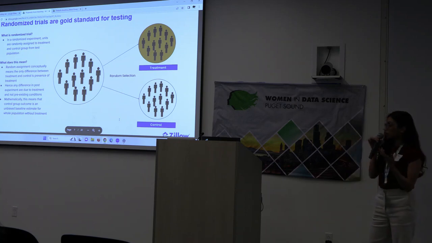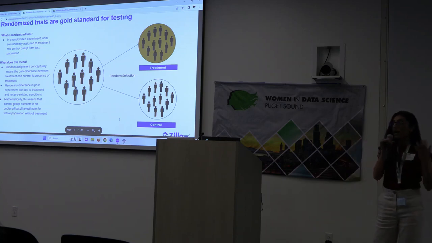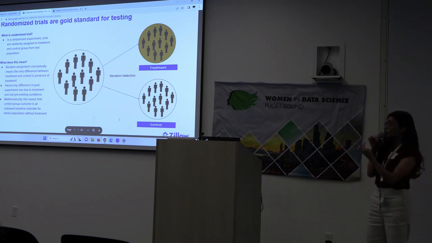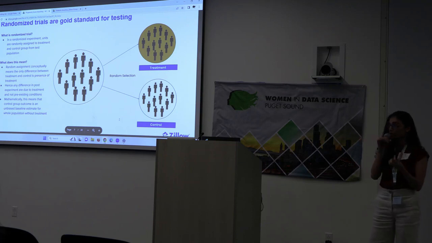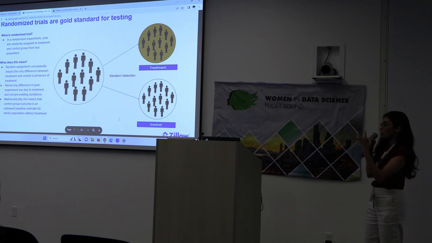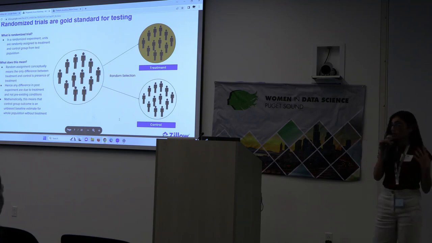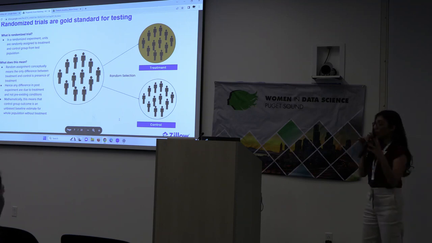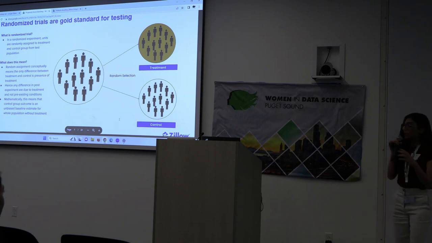As the name suggests, basically you take a test population and you divide that randomly into a treatment group and a control group. Basically you apply the treatment to one set of people and you do not apply it to another set of people. And because we have randomly assigned them, there are no biases initially in these two different groups, so they are statistically similar.